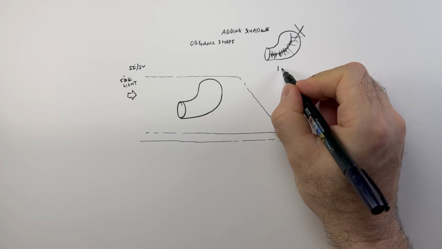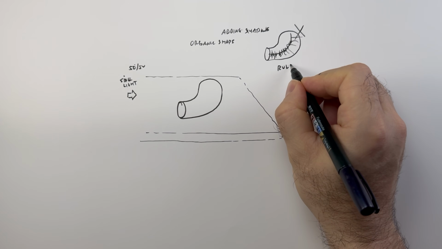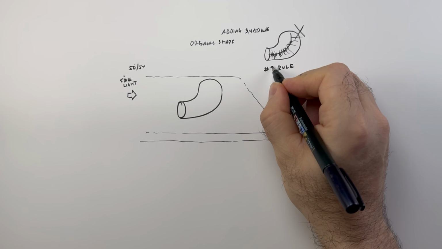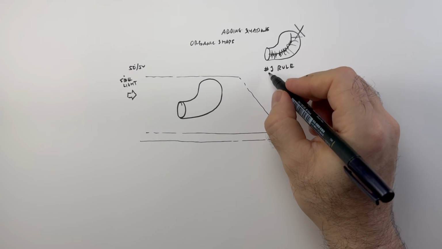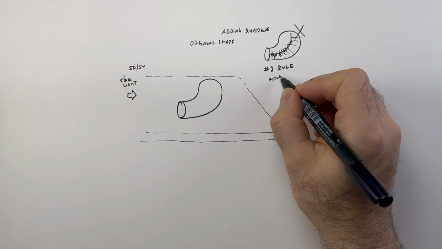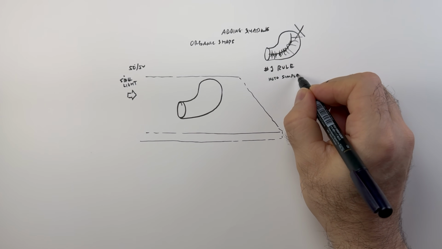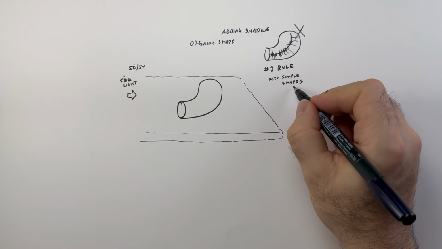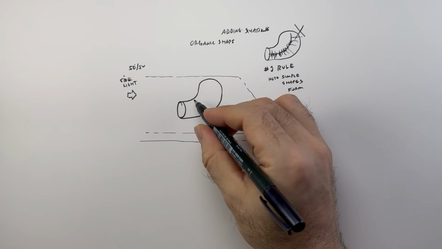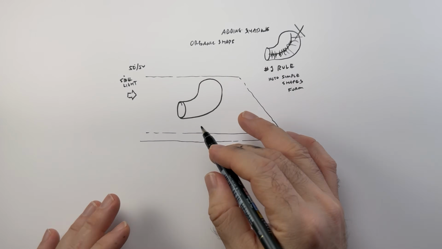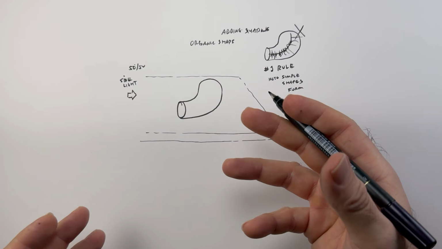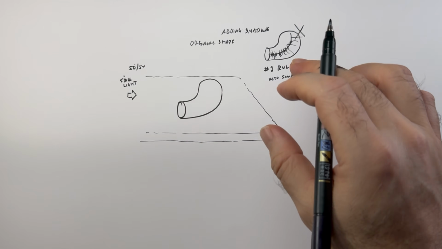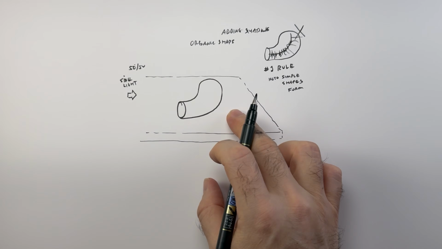The number one rule is to break down organic shapes into simple shapes. Now you can use shapes, or you can call them forms, right? Because this is obviously a form. Right now there's no shadows, so technically it's more like a shape. We're going to add form to it with light and shadow, okay?